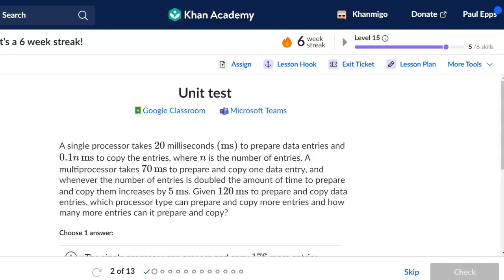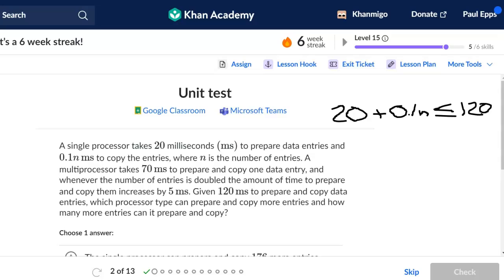The single processor takes 20 milliseconds plus 0.1 n, and that needs to be less than or equal to 120 milliseconds. All right.